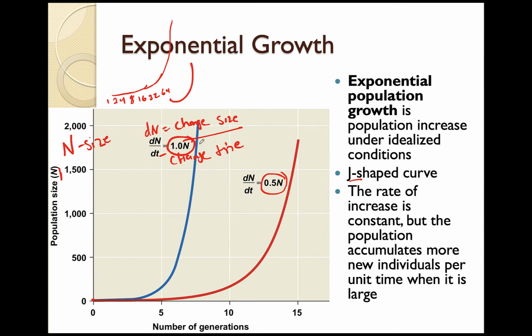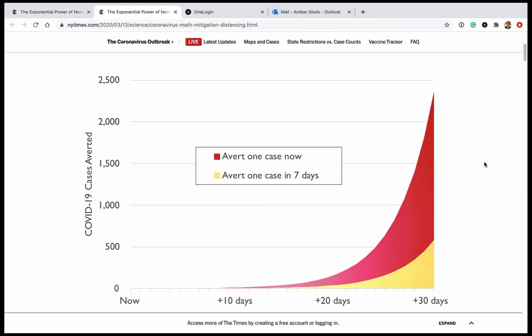So when the growth rate is higher, we see this exponential growth take off, and look how fast these numbers get to very large, whereas this one, it took a little bit longer to get to kind of this explosive growth stage, but it's going to grow fairly quickly as well.